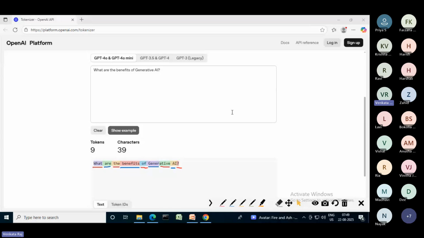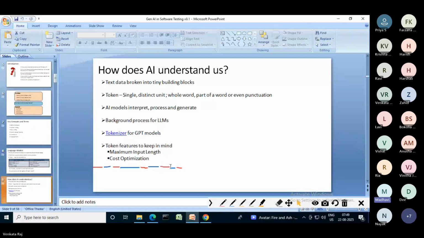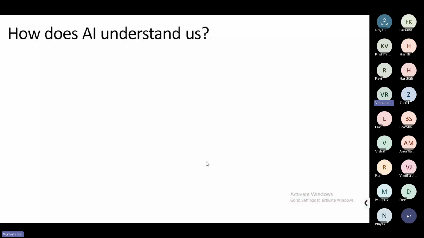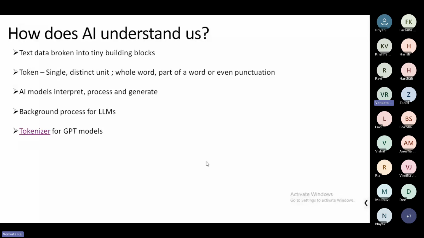Thank you. So guys, this is our tokenization process, and this is happening in the background. That is why the AI models, or the vendors who have these LLMs, charge you on the basis of tokens. For example, your organization or your enterprise has procured an AI model.